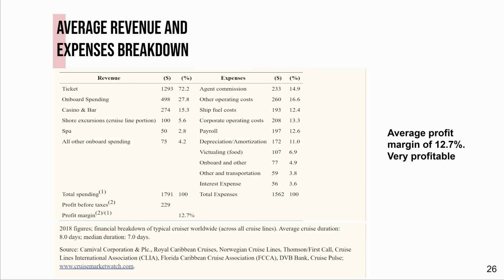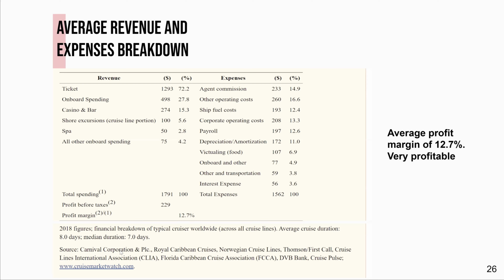We also did an average revenue and expenses breakdown to show you how profitable being in the cruising industry would be. This figure was taken from 2018 of an average cruise ship.